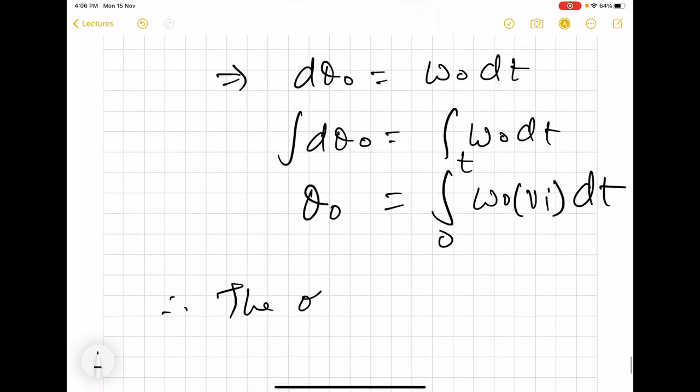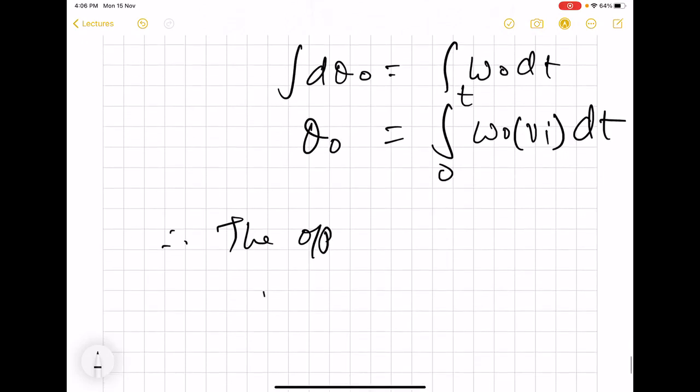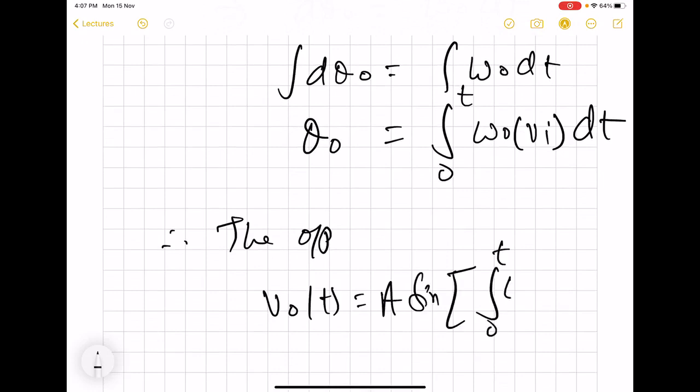Therefore, the output is going to be like this.